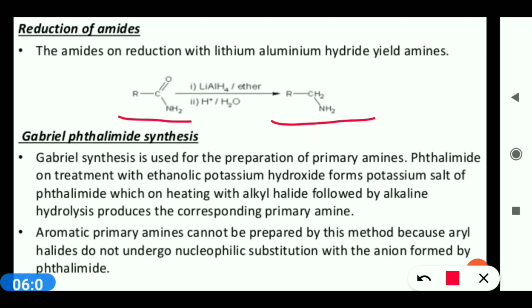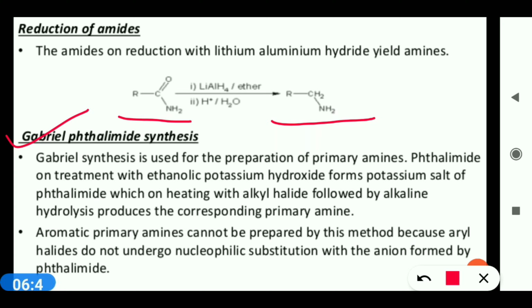Next and the most important reaction is the Gabriel phthalimide reaction or Gabriel phthalimide synthesis. Gabriel phthalimide reaction is used for the preparation of primary amines. Phthalimide on treatment with ethanolic potassium hydroxide forms potassium salt of phthalimide, which on heating with alkyl halide followed by alkaline hydrolysis produces the corresponding primary amines.